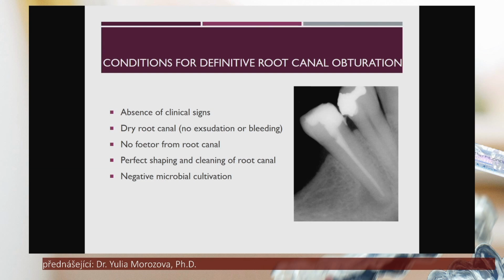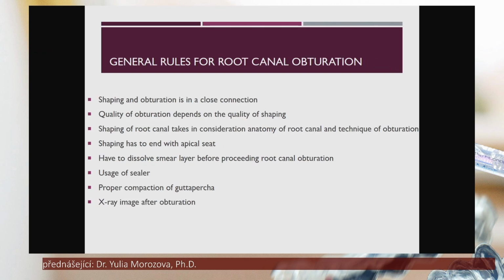It means that mostly this is the foramen physiologicum. And finally, we can have some microbial cultivation, and ideally it should be negative, but unfortunately, generally we don't have these tests for microbial cultivation. But with respect to the other conditions, we should be sure that we have all of them, and just in this case we are able to provide the definitive obturation of the root canal system.